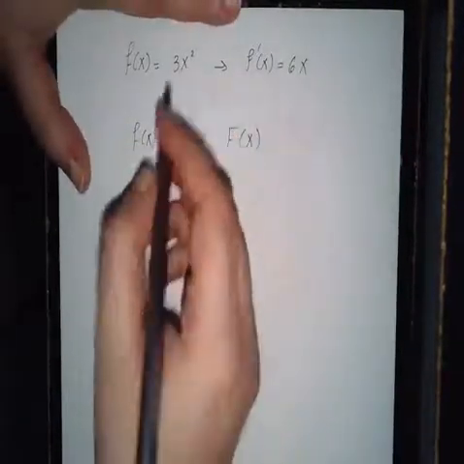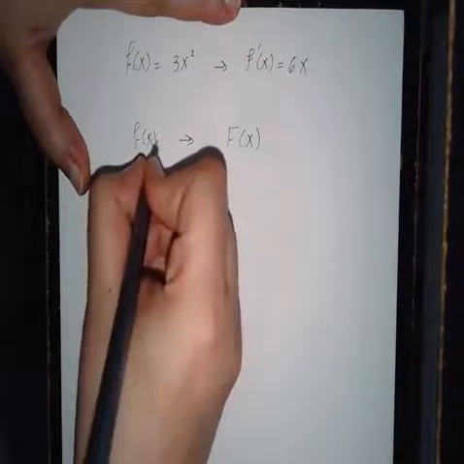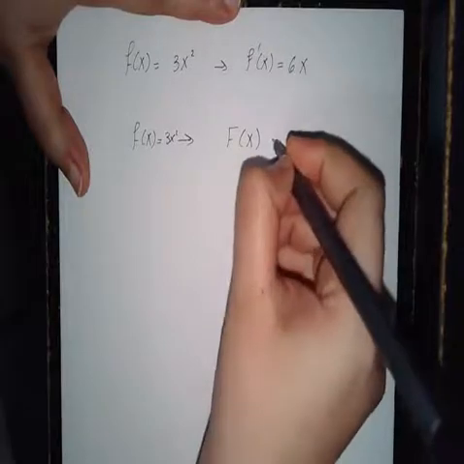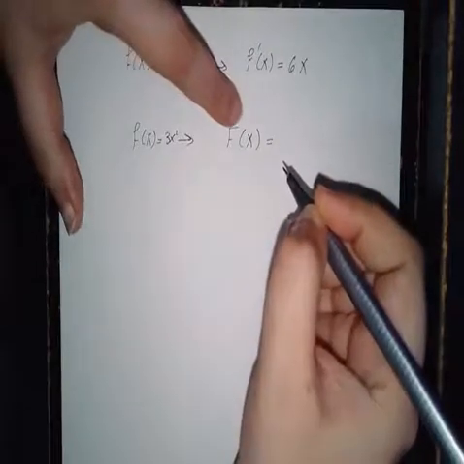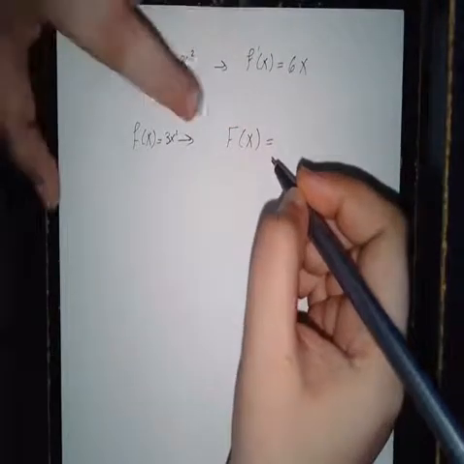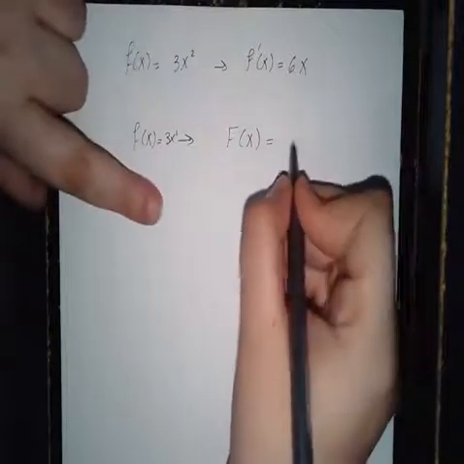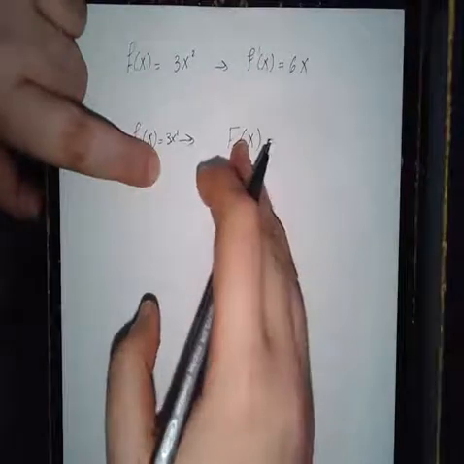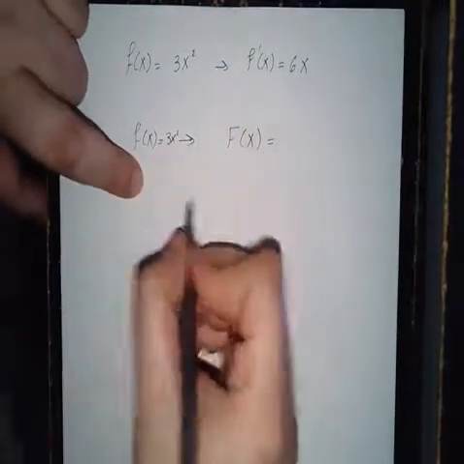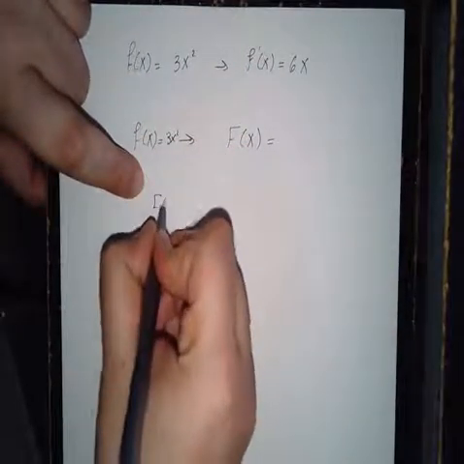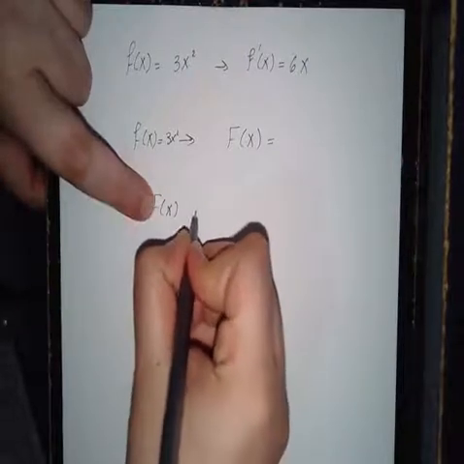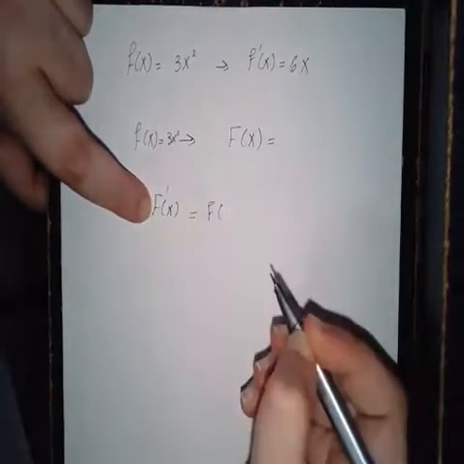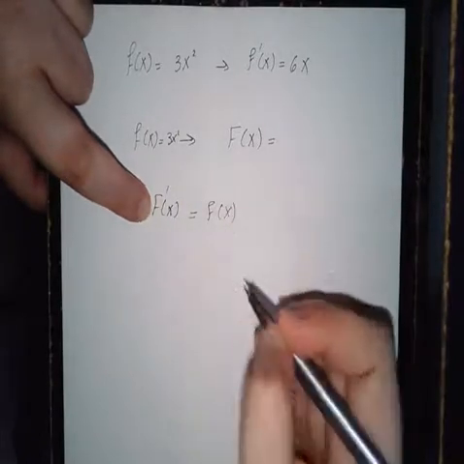For example, if I use the exact same value over here and say that f of x is actually 3x squared, then capital F of x is going to be the value that you had initially before you derived it to get to this value. So this essentially means that capital F prime of x equals f of x.